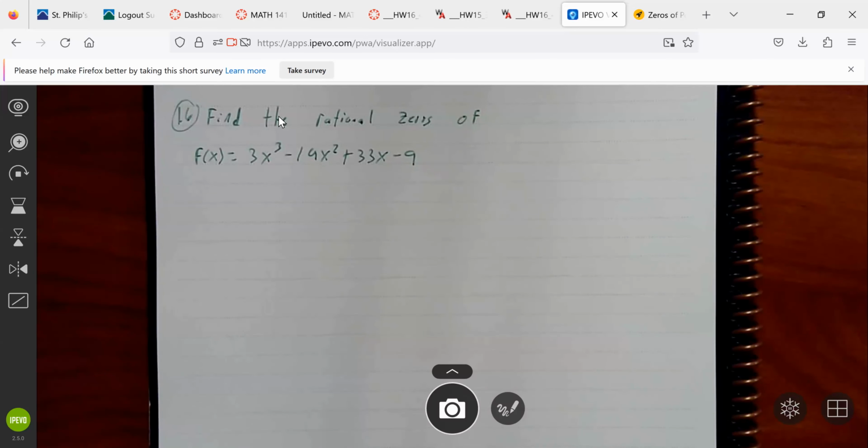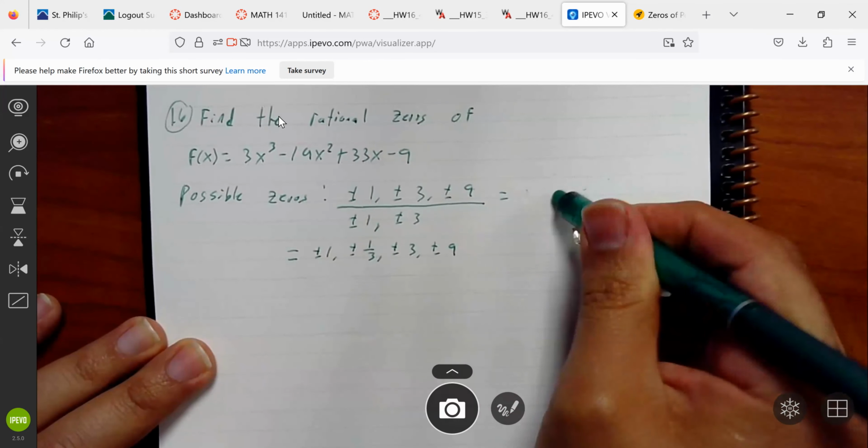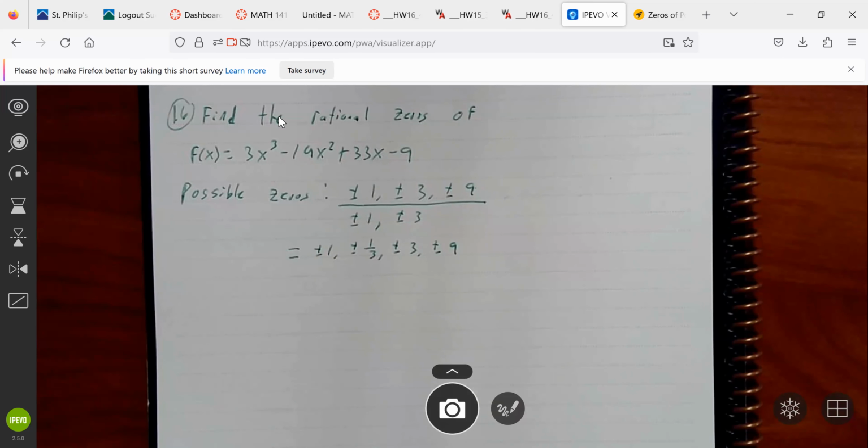I'll just do it down here. So 1 over 1, 1 over 3, 3 over 1. 3 over 3 is a 1, so we don't write that one again. 9 over 1 is 9. 9 divided by 3 would be 3, so we don't write that one either. Does that make sense?